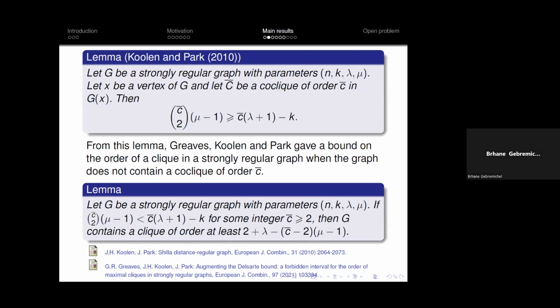If C bar choose 2 times mu minus 1 is less than C bar times lambda plus 1 minus k for some integer C bar at least 2, then the graph contains a clique of order at least 2 plus 1 minus C bar minus 2 times mu minus 1. So we will use this idea later.